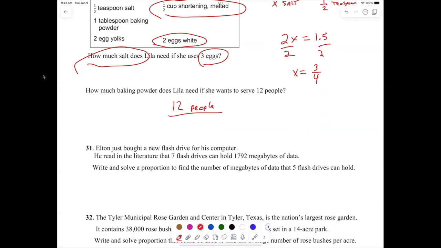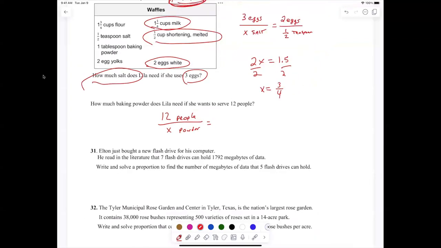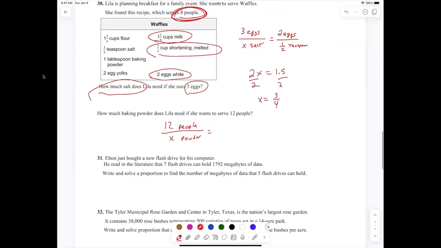So the powder goes on the bottom, x powder. Now, normally the recipe calls for how many people? 8 people. And if you use 8 people, you need how much baking powder? 1 tablespoon. Do we agree with that? Yeah.